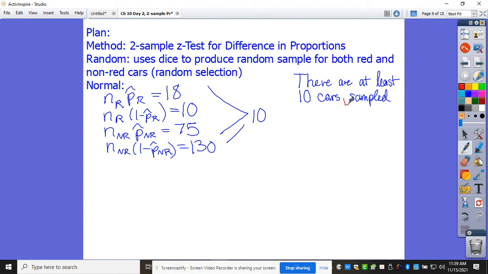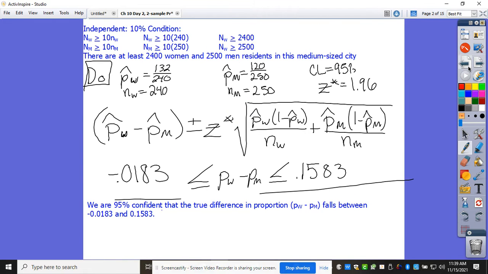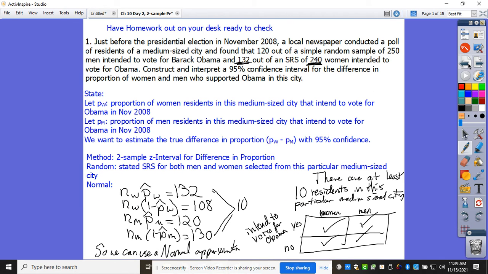So this, I didn't write something about that word in our homework, which I might want to go back and look at really quick. So there are at least 10 residents in this particular medium-sized city sampled or asked. I should have written that word for your homework.